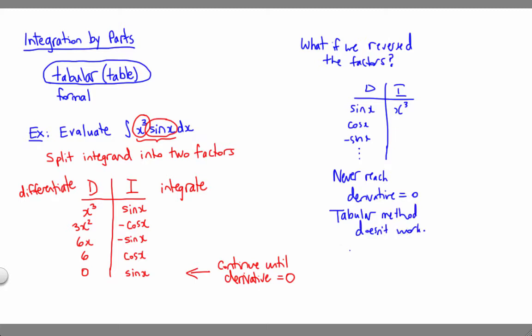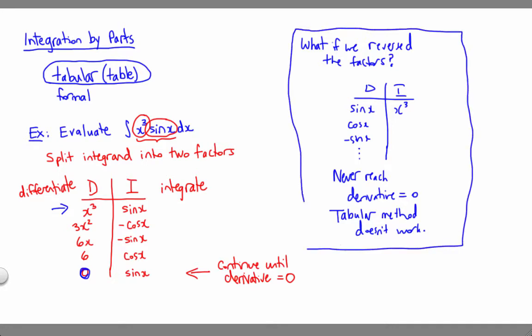And what that's telling us is that the tabular method does not work. So now we have a fuller understanding as to why we had to set the table up the way we did originally. We want x cubed in the differentiate column so that we will eventually reach a derivative equal to 0. And if we had accidentally set it up the other way, then after a little bit of thinking we would have realized, no, putting the sine x in the D column is not going to work.